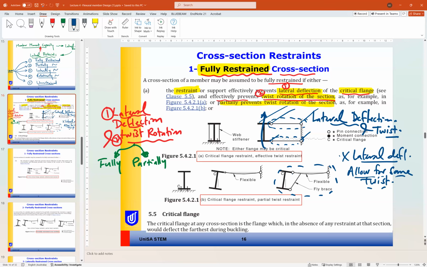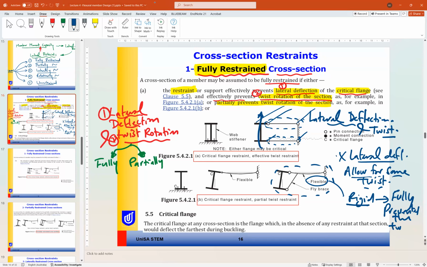So it prevents the twist, but not fully, because this member is a flexible member. If it is a rigid member, it will fully prevent the twist. But because it is flexible, it doesn't fully prevent the twist. But the standard mentions that if it partially prevents the twist as well, we can consider it as a fully restrained cross section.